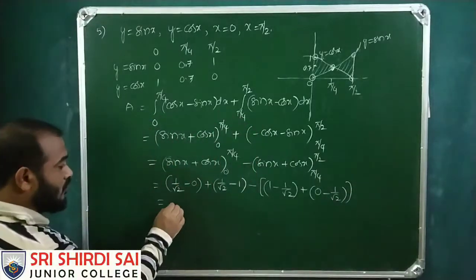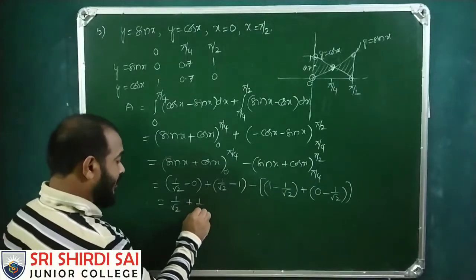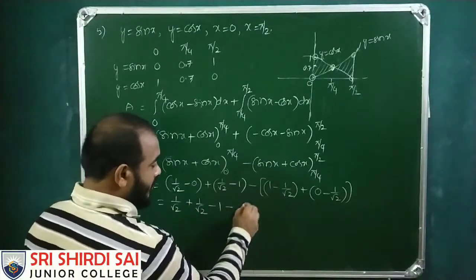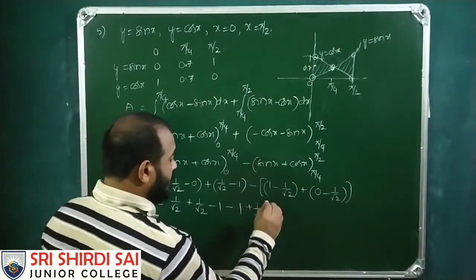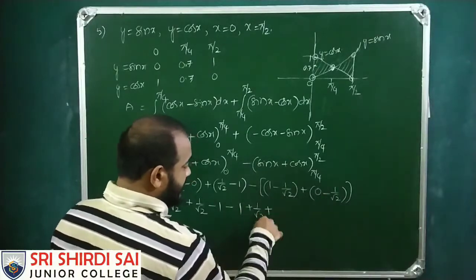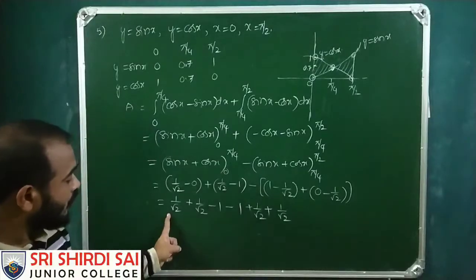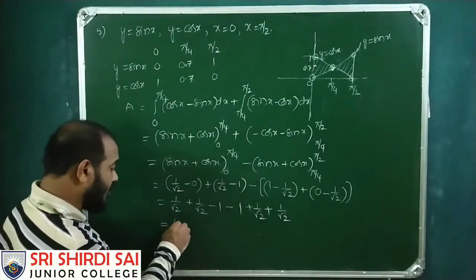This is equal to 1 by root 2 plus 1 by root 2 minus 1, minus 1, minus into minus is plus 1 by root 2. So this is minus into minus plus 1 by root 2. Here 1 by root 2 four times, 4 into 1 by root 2.